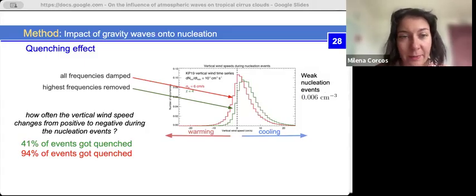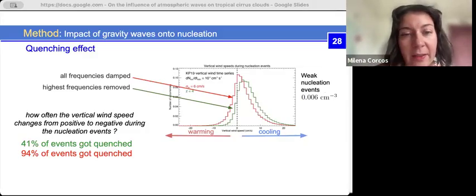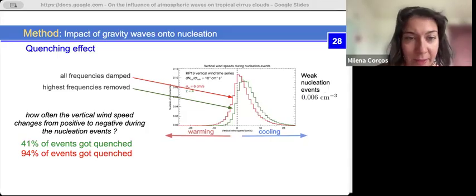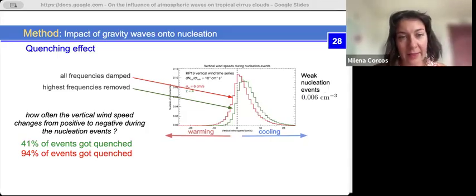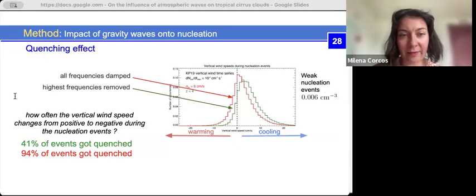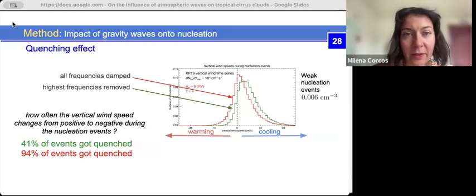So in this histogram, the dashed vertical line marks the 0 vertical velocity. Values on the right correspond to the cooling, values on the left to the warming. And again, the green curve corresponds to where we remove the highest frequencies, and the red curve keeps all the frequencies. So when the highest frequencies are present, we found that nucleation events are more frequently quenched.